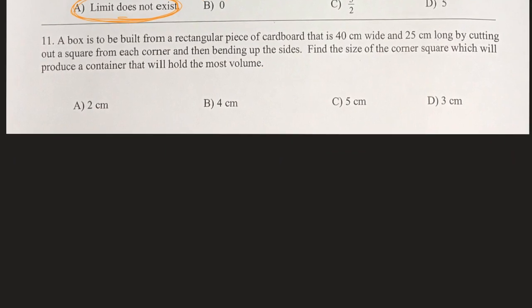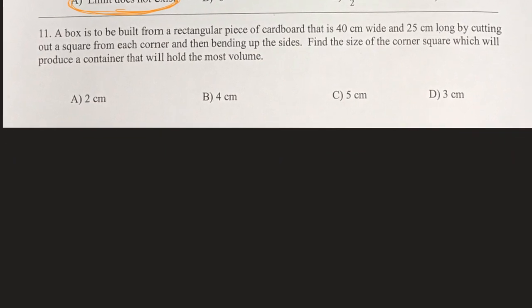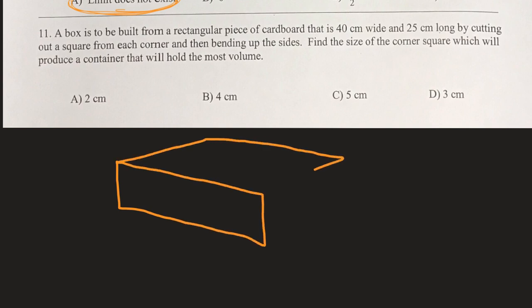A box is to be built from a rectangular piece of cardboard that is 40 by 25. So this is our optimization problem where we have to cut out corners from our box in order to make it into a rectangle. Okay, so this is a volume where we have a height of x.